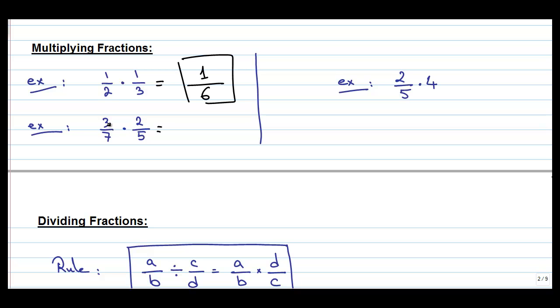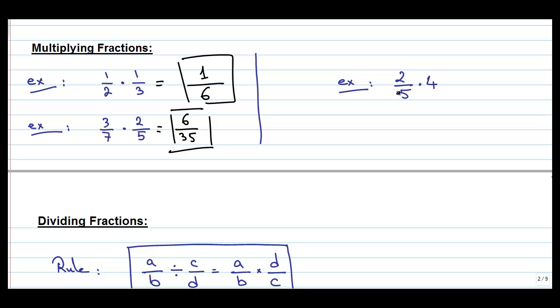So I'm going to multiply the numerators, 3 by 2, that would be 6, and 7 by 5, that's 35. Now remember to ask yourself, is this answer in the simplest form? Yes, because we don't have any common factor between 6 and 35. So this is the final answer.